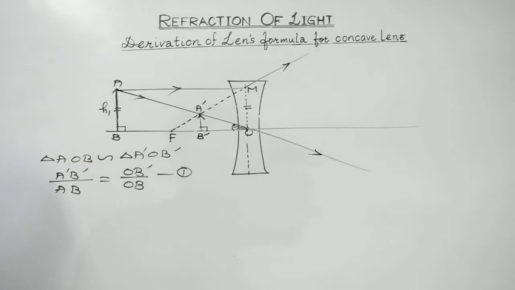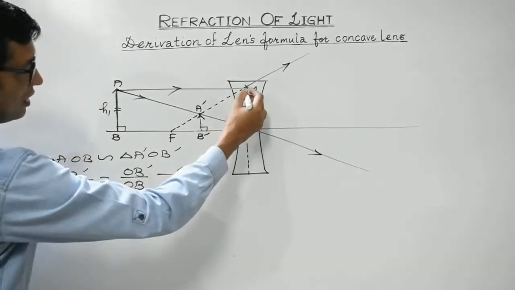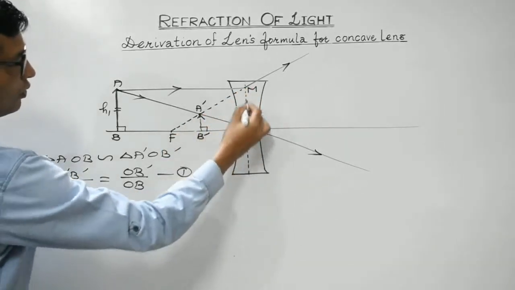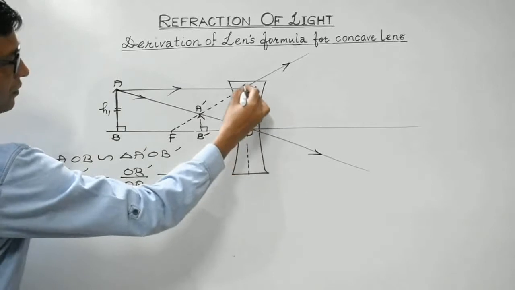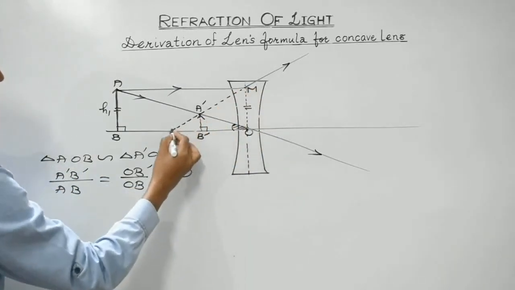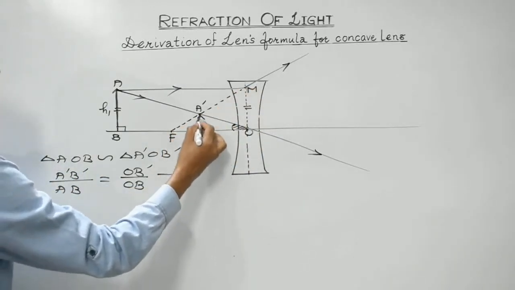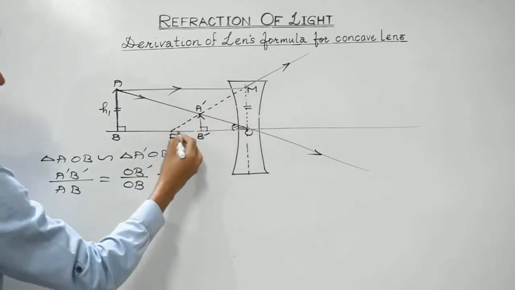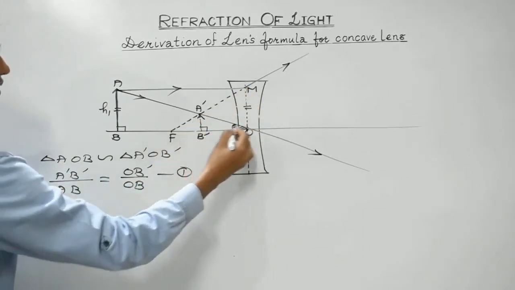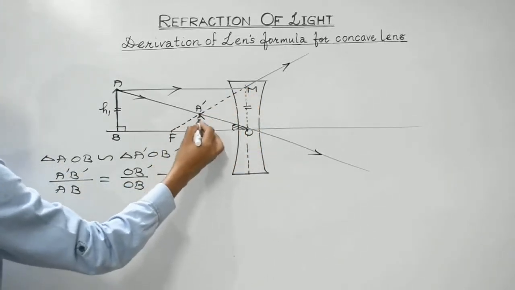We have to find the other pair of triangles as well, right? So what to do is, we can consider these two triangles. Look, MFO, this is one of the triangles, and A dash FB dash. I am considering these two triangles, MFO and A dash FB dash.